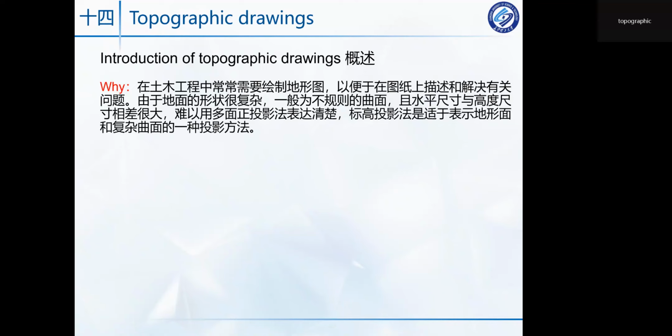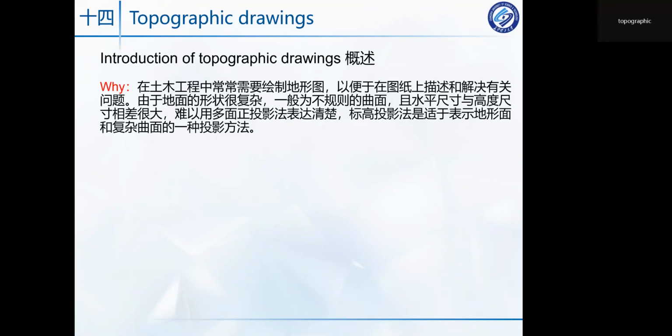Usually we use the horizontal sides and the different height sides, so it's very difficult to express it clearly with multi-phase or orthographic projection.